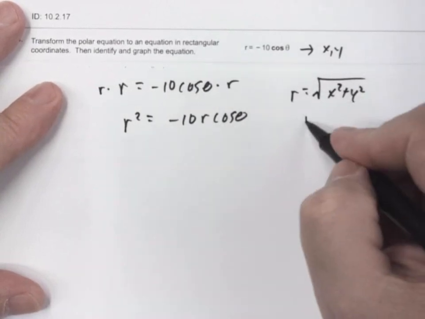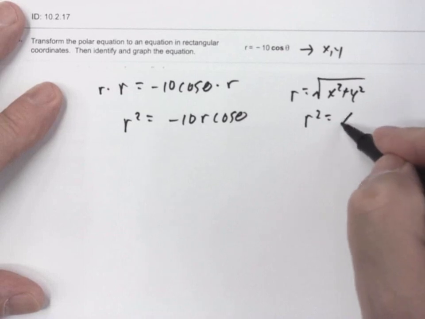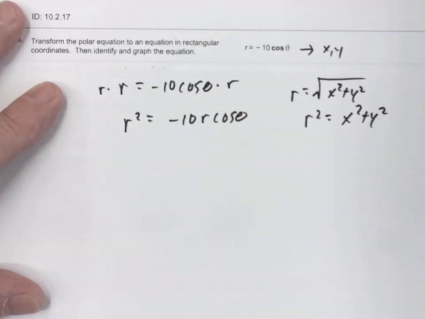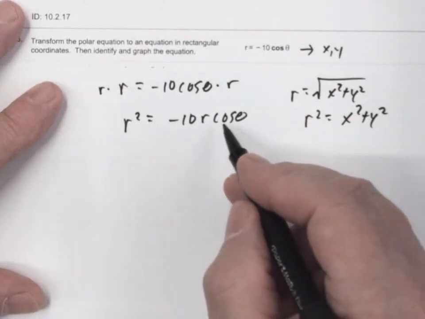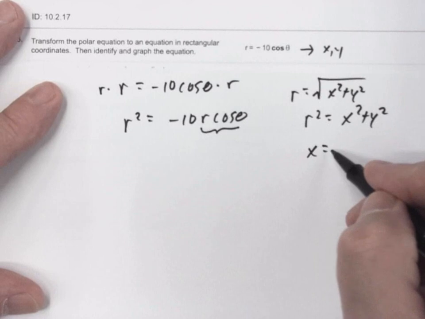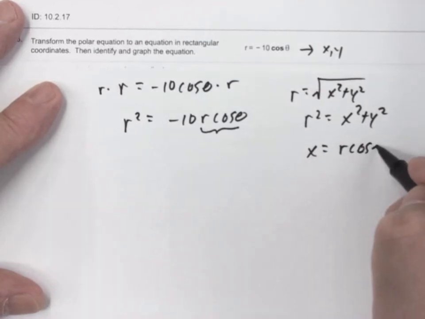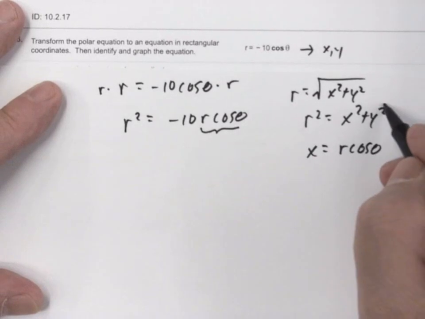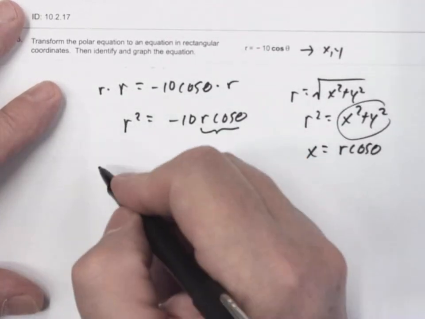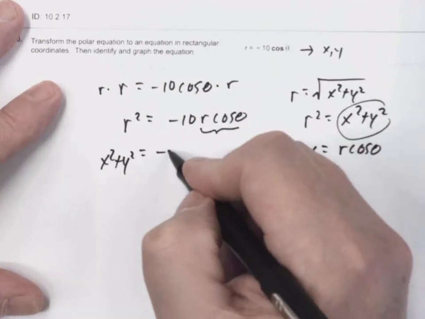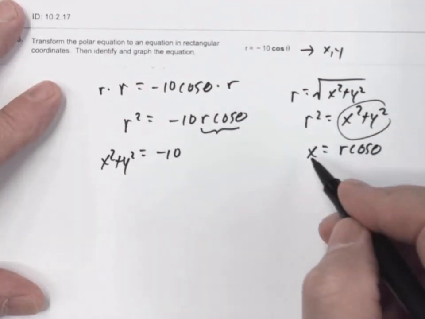Well, if we were to square both sides, actually r squared is x squared plus y squared. If you also look at the formula sheet, x equals r cosine theta. So let's put this in for r squared, and let's substitute x for r cosine theta.